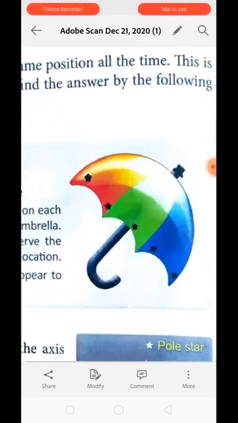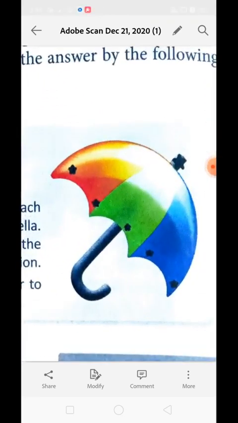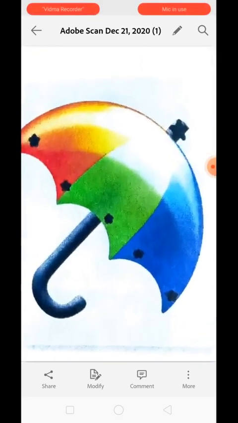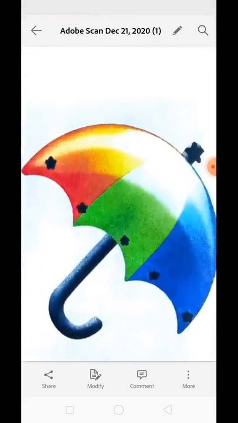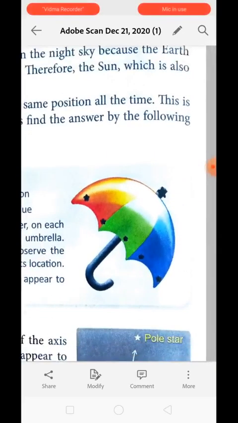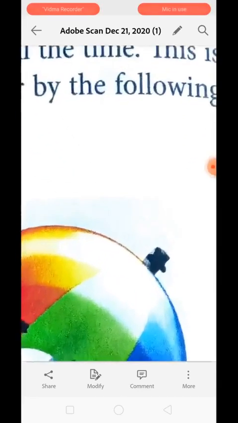We have to take an umbrella, and we have to stick stars at every pointed region of the umbrella, as shown in the figure. And we have to fix a star at the center of the umbrella as well, at the top.